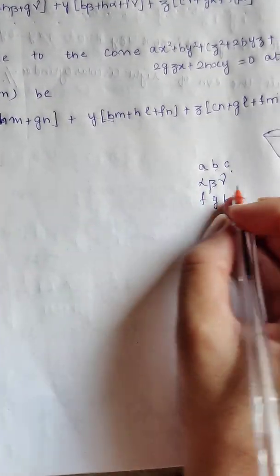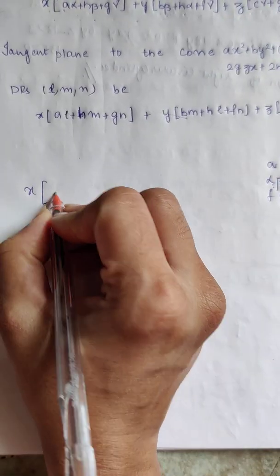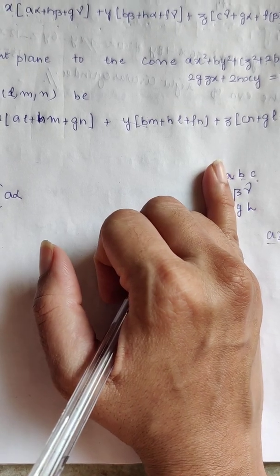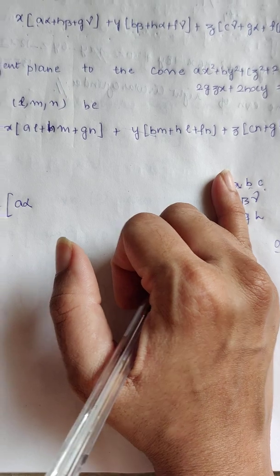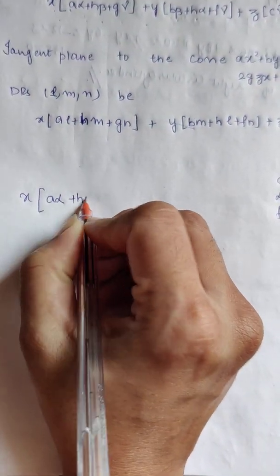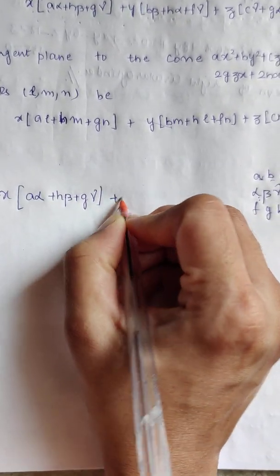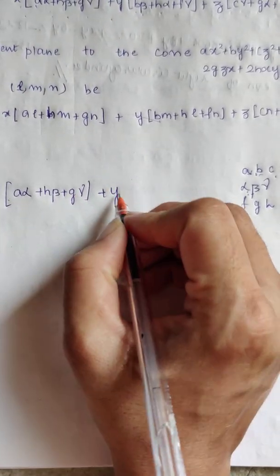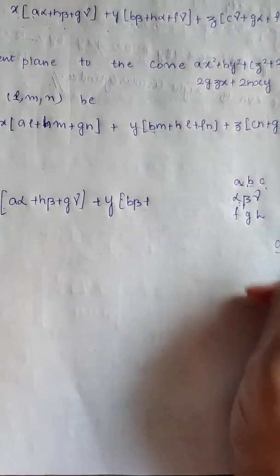So see, what I'm doing is that I'm going to write down A alpha first, and then take the cofactors of this. What is it? H beta, but you're going to keep plus in between, H beta plus G gamma. Then with respect to Y. As soon as Y comes, B beta, A alpha, B beta. Start taking cofactors of this particular term.